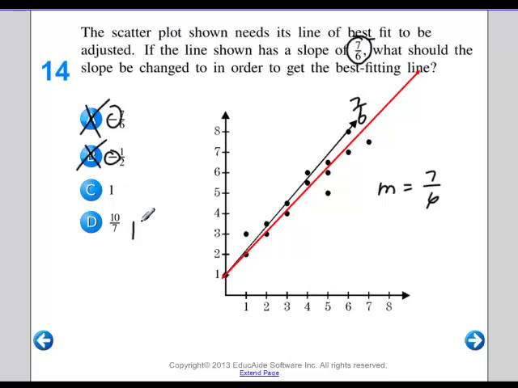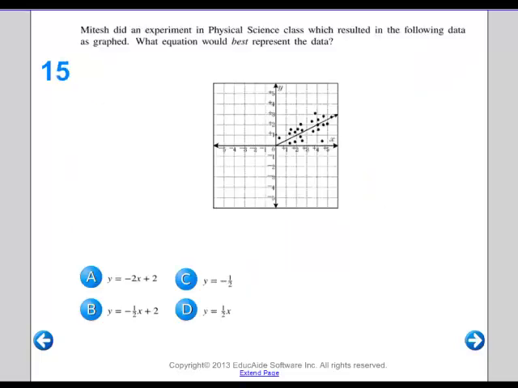Well, this is 1 3/7, and this is 1 1/6. So 1 3/7 is larger than that. That would have made this line go steeper. So we needed it less, D, so that was C. 7/6 is 1 and 1/6. 1 is less than that, which is the way we wanted to go.